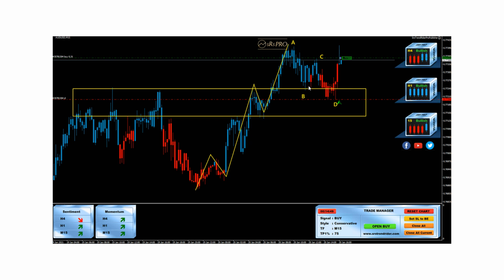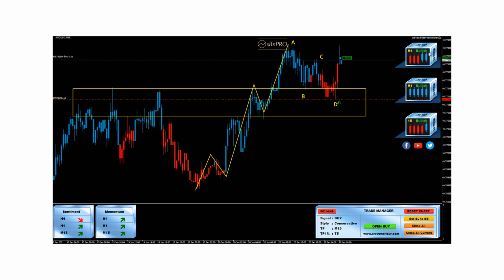On the retrace in a two-wave structure, as you can see here, where are we? We are in the key zone. What makes it a key zone? First of all, it was rejecting before. Afterwards, once it managed to be broken, this area becomes critical. As long as it holds, our assumption is that the bullish trend should continue.